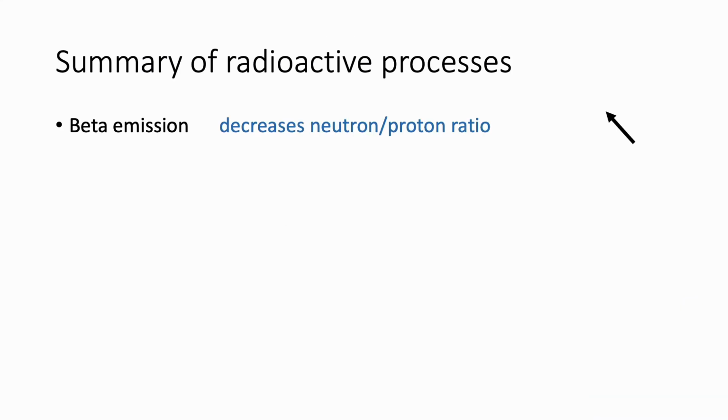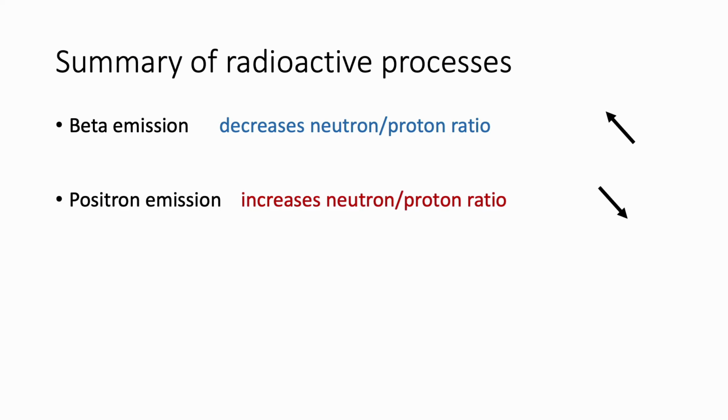So remember here we've got beta decay, sometimes called beta emission, where you're popping off a beta particle or electron out of your nucleus, where you're going up and to the left on your chart of the nuclides. And then you have positron emission, where you're going down and to the right.